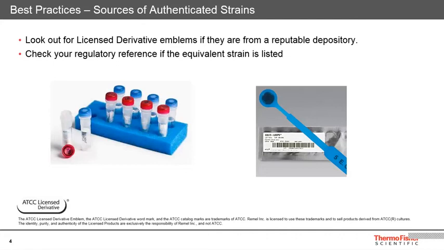Nowadays, almost all the regulatory bodies provide cross-references of strains from different depositories. In any scenario, if you do not find a listing of the equivalent strain that you just bought on that document, please check with the regulatory body if it is okay to use that strain. This might save you from an unnecessary argument with your auditor.